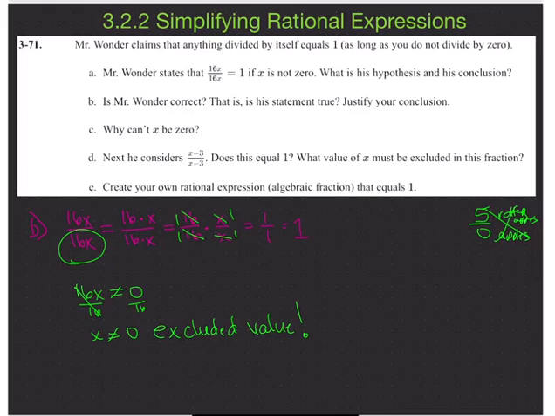Those are what we're looking at for today's lesson. If we look at D, we have x minus 3 over x minus 3. Does this equal 1, and are there any excluded values? In mathematics, we have to be careful when looking at our problems.